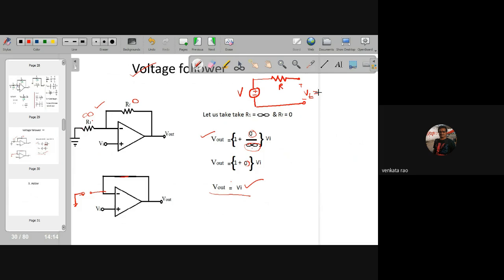So terminal voltage is V minus I into R, where I is the current. In ideal conditions, we expect this terminal voltage to equal the supplied voltage V. But here, our terminal voltage is V minus something. You are losing something due to this resistance. So if you take the source as VS, RS.